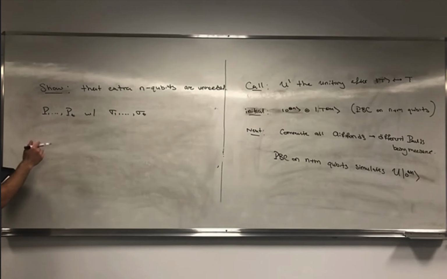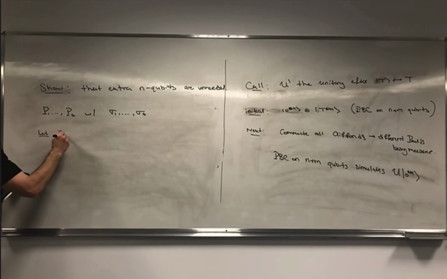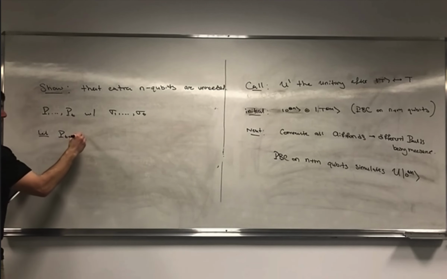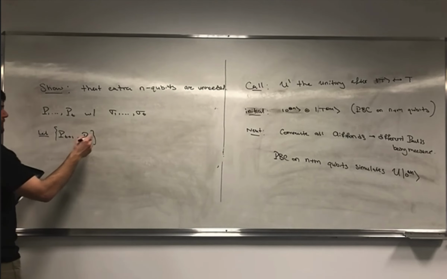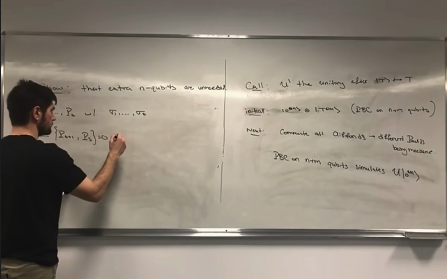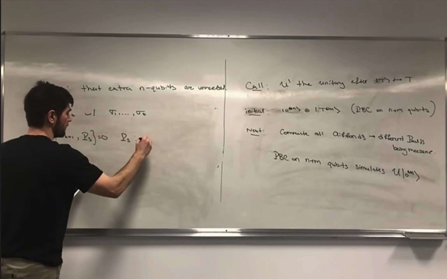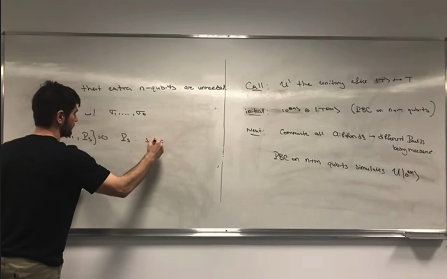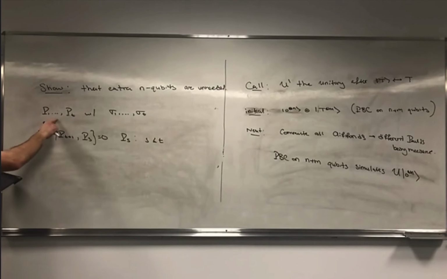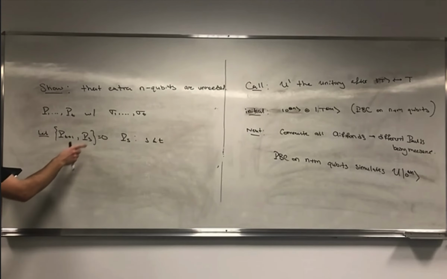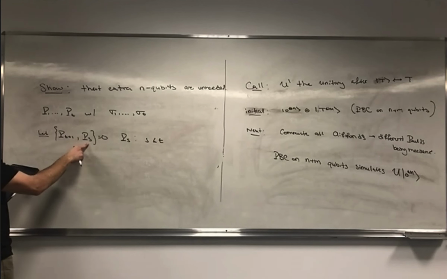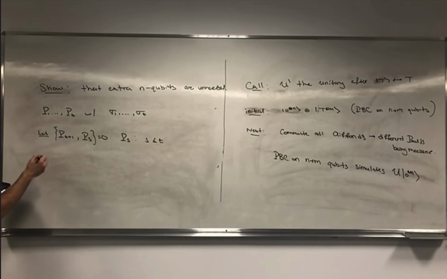Say that some P(t+1) anti-commutes with one of the previous ones, P_s with s less than or equal to t. So a P_s is inside of here. Suppose that that was the case. We know that because this P_s was measured initially, say that our state after t steps was phi t.